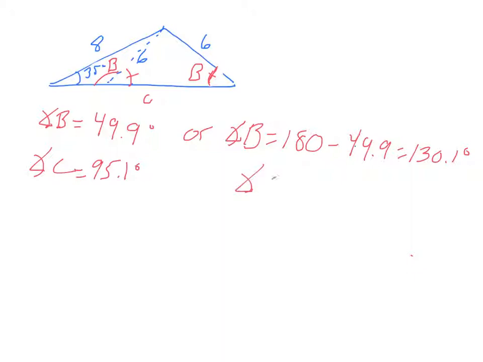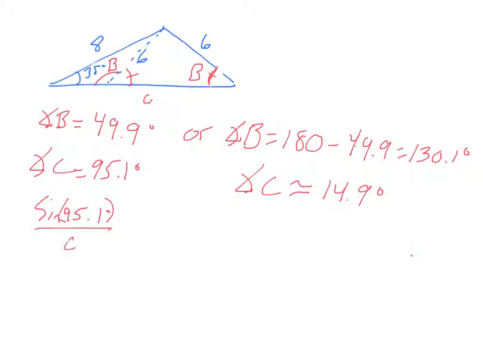And then that would make angle C equal to approximately 14.9 degrees, right? So it's either 95.1 or 14.9. If it's 95.1, then we'll do sine of 95.1. And if you can, try and plug that into your calculator using the full decimal precision that your calculator gave you, not the rounded 95.1 that I'm using right here, because that's going to throw off your answer a little bit.